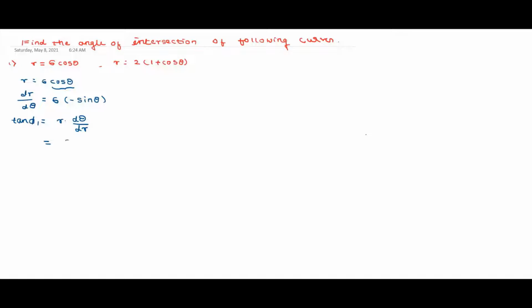The value of r is 6 cos theta into d theta by dr. Here we have dr by d theta is equal to 6 into minus sin theta, so the reciprocal d theta by dr is equal to minus 1 divided by 6 sin theta. 6 and 6 get cancelled, so that you will get minus cot theta.